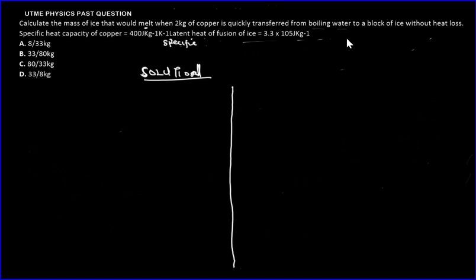Looking at this, you know that what is supplying heat is the copper, because we take 2 kilograms of copper from boiling water. The copper will be very hot, and water boils at 100 degrees Celsius, so this copper will be at 100 degrees Celsius.